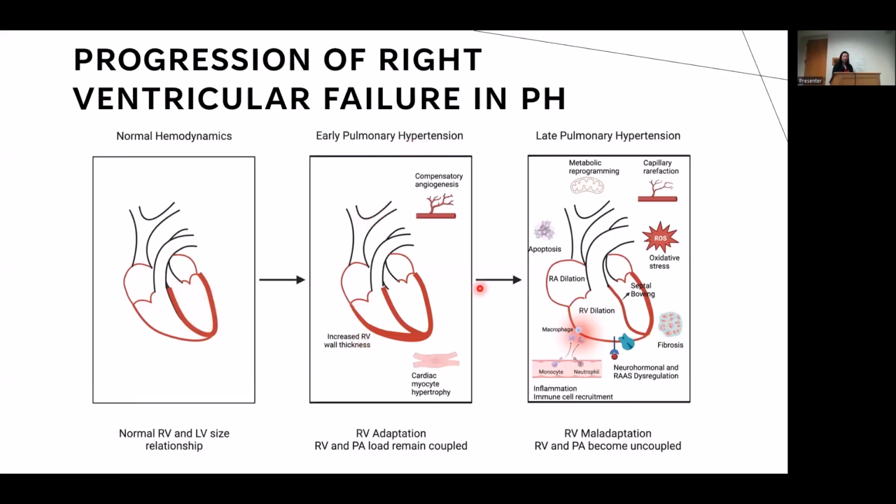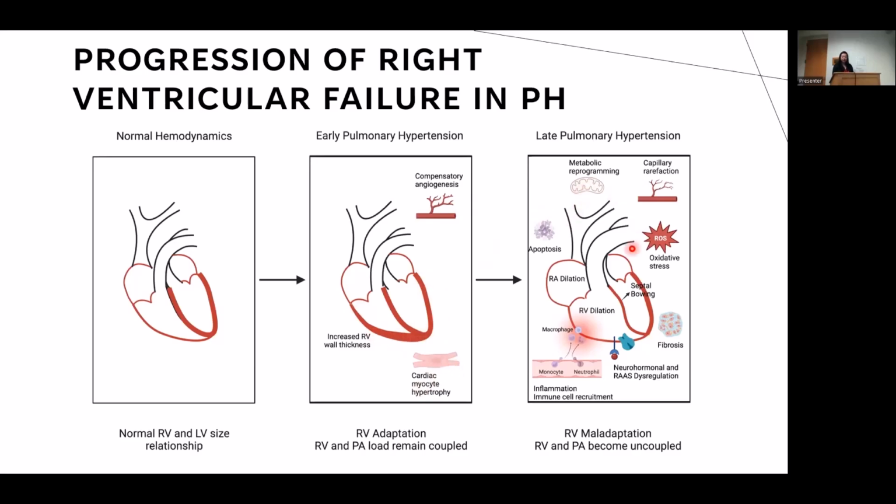And then in early pulmonary hypertension and in a relatively compensated state, the RV undergoes adaptation where the RV wall might increase in thickness and the RV contractility increases, allowing for the RV and the pulmonary artery load to remain coupled. Some of these processes that we understand are happening are compensatory angiogenesis and cardiac myocyte hypertrophy.